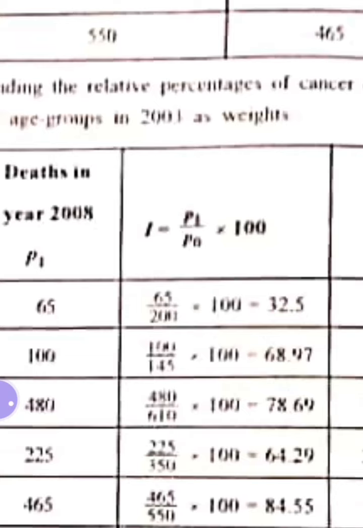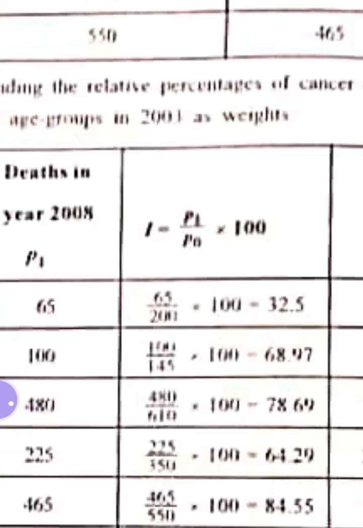So the values we are going to take for less than 5: P1 upon P0 into 100, that is 65 divided by 200 into 100, will give us 32.5. Similarly, for the age group 5 to 15, 100 divided by 145 into 100 will give us 68.97.